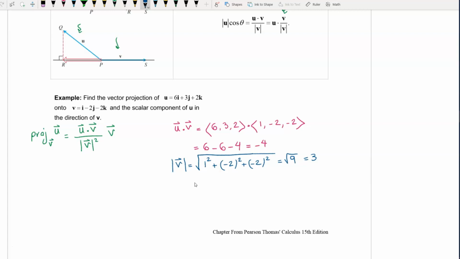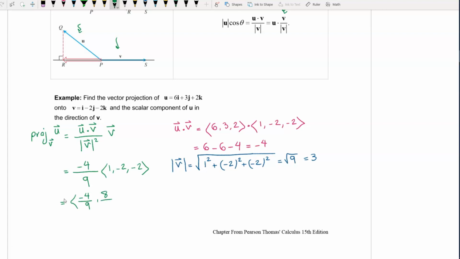Now use what we have for u dot v and the length of v to find the projection of u onto v. So this is equal to, on top we have negative 4 divided by the length of v, which is 3, so 3 squared is 9, multiplied by v, and this is equal to components negative 4 over 9.